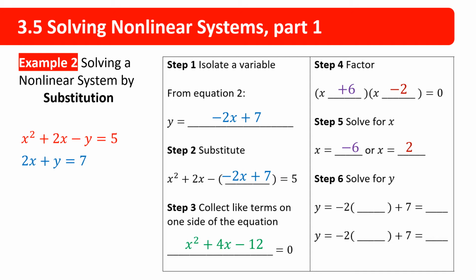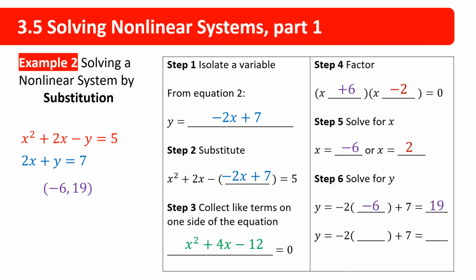To go back and figure out what y is, we now need to substitute those values in wherever we see x. So I'm going to take that second equation. Remember, we said that y equals negative 2x plus 7. If we plug the negative 6 in, we're going to get negative 2 times negative 6 is 12, and 12 plus 7 is 19.